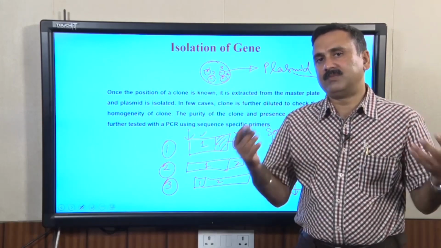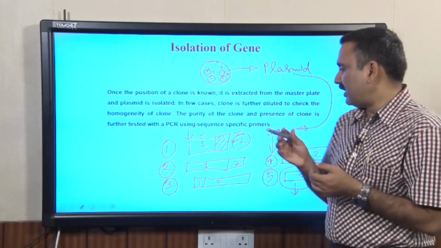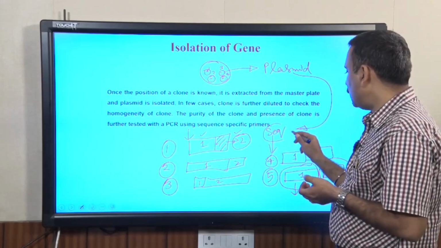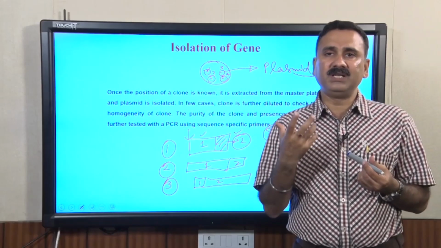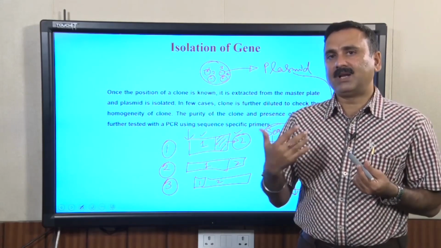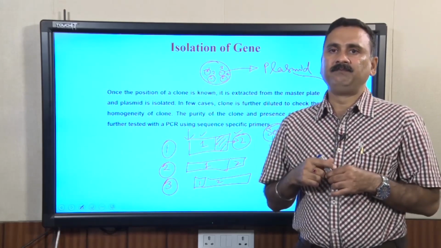Some clone may be giving more signal, some may be giving less signal. So, if you do the sequencing of these clones, then you will know which clone is containing the full length gene of my gene of interest, and that could be the gene fragment which you are looking for.